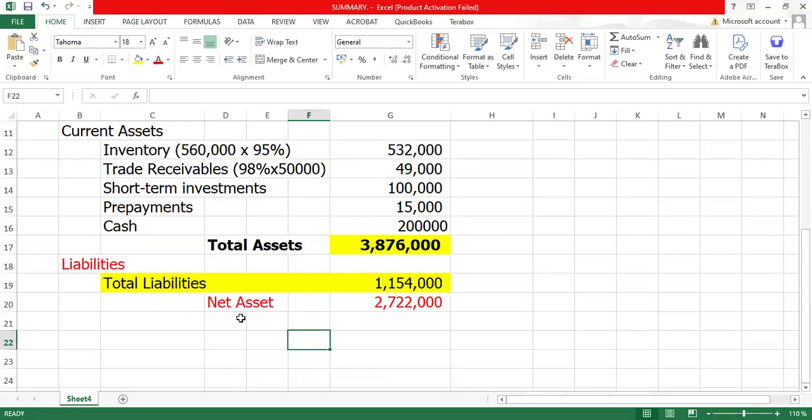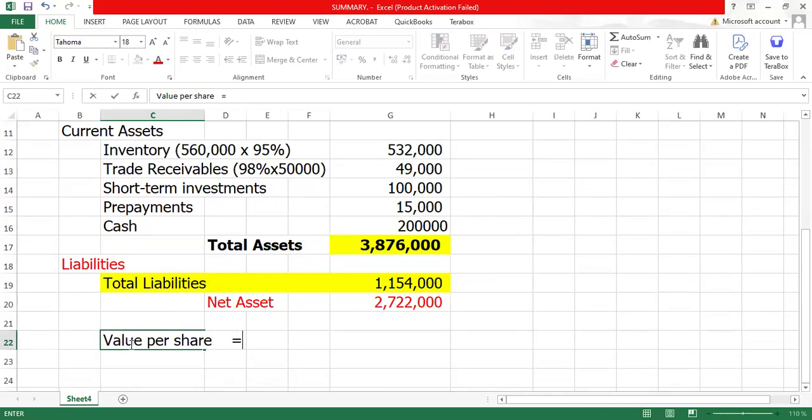But if you want to know the price per share based on this net asset, then you get the value per share. You take your net asset, then divide by the number of shares.